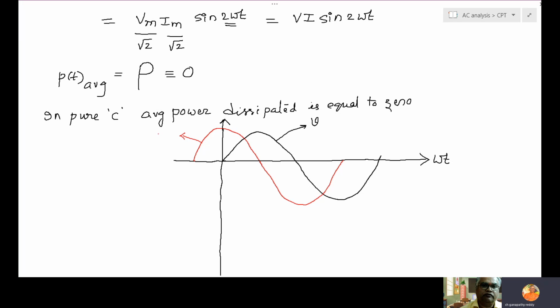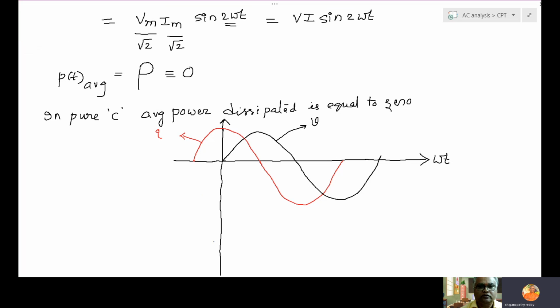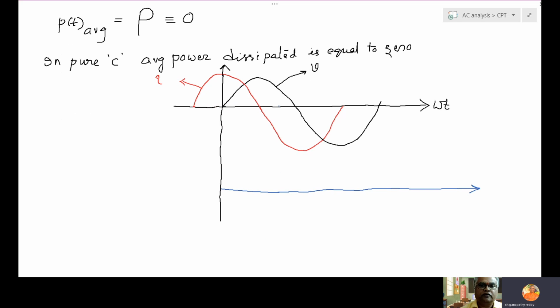This is the current wave. Now the power waveform. Power waveform is the product of voltage and current.